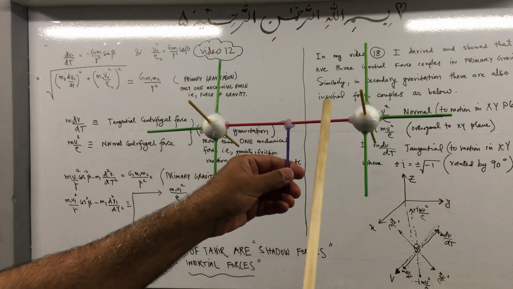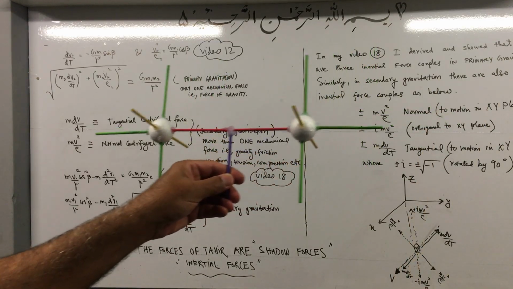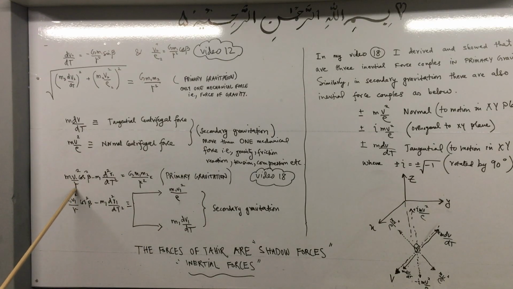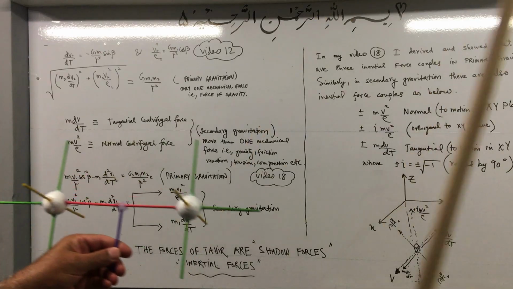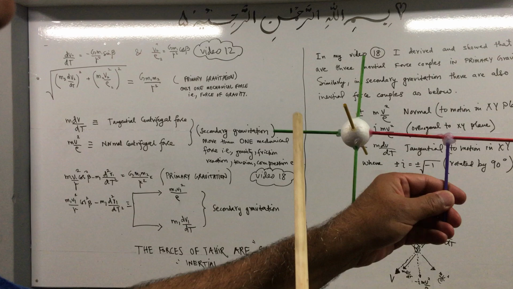Okay, so this force, the Tahirian centrifugal force, is this one: mv square over r cos square beta minus m1 d square r over dt square. So this is the centrifugal force.